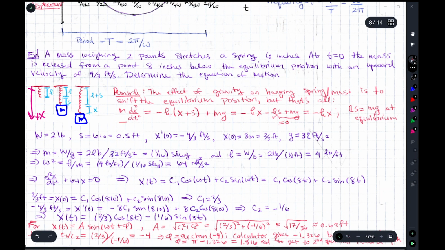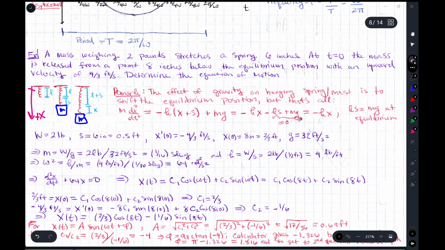So if you look at the differential equation with that, you get negative k times (x plus S), since x plus S is how much it's stretching beyond the natural length, right? But you now have a plus mg. Again, we're considering up to be negative and down to be positive, and so that's why you're getting this plus mg.